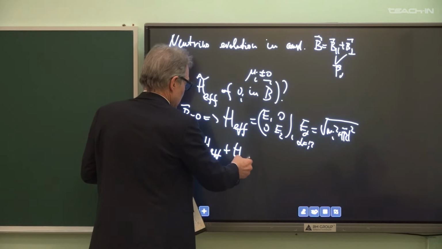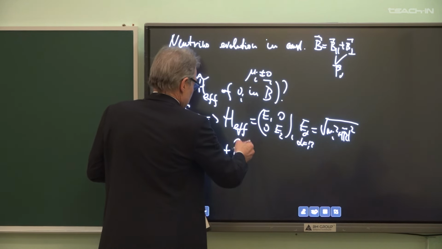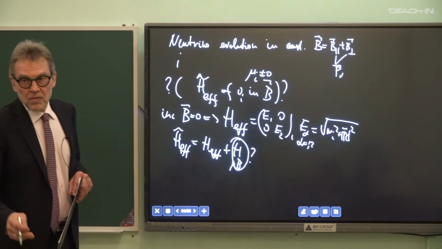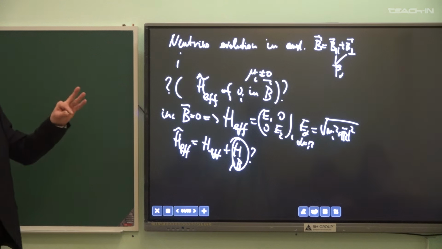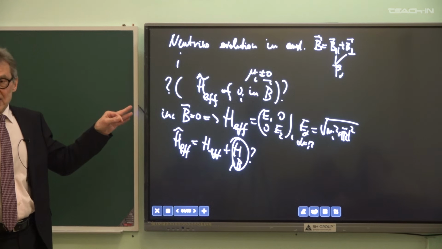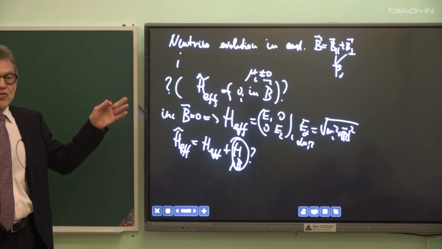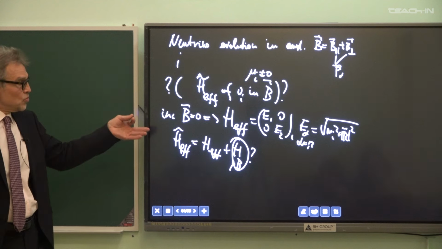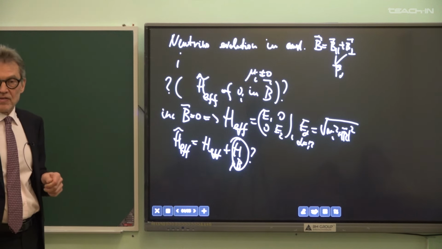And we are interested in this guy. So we'd like to find an addition or a shift on effective evolution Hamiltonian for our mass states of neutrinos, appearing due to electromagnetic interaction with the magnetic field.